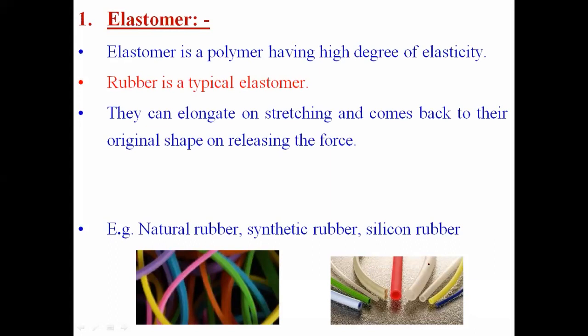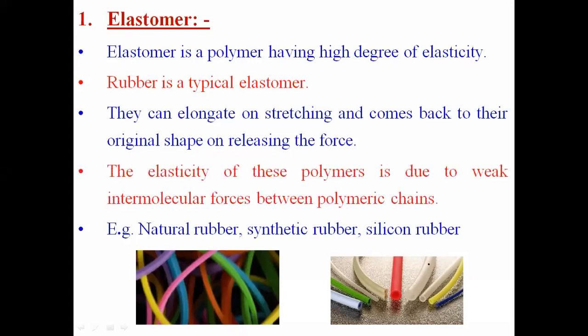That means if we stretch it, it elongates a little, and when we release the force, it goes back to its original shape. And these are called elastomers. An elastomer is a polymer having a high degree of elasticity, which can elongate on stretching and comes back to its original position when the force is released.